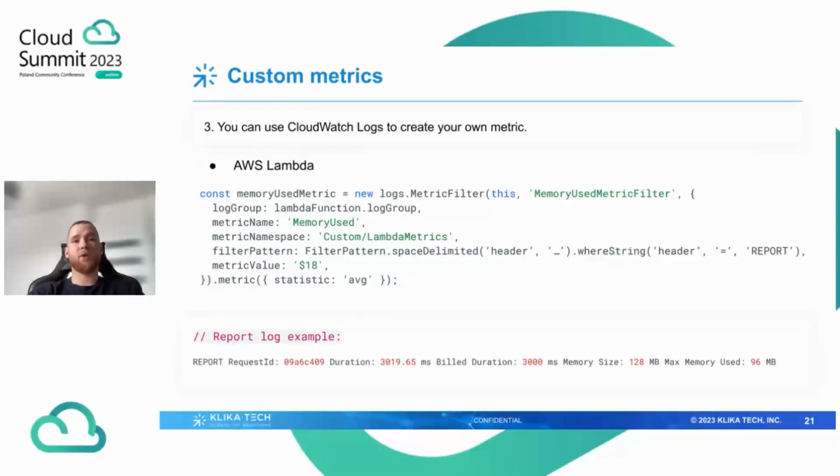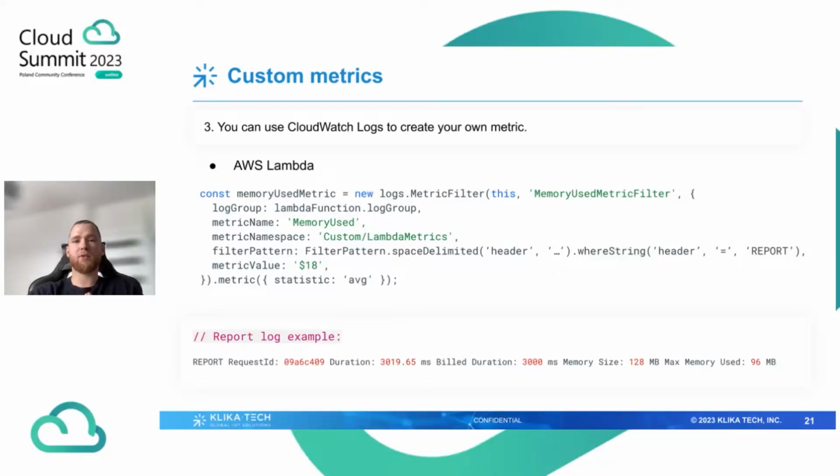And here is a more complex example demonstrating how to use the filter pattern method to extract the amount of memory used by an AWS Lambda function. Space delimited is a method of the filter pattern which divides the log event into fields separated by spaces. In our case, this method takes in two arguments, header and ellipsis character. Header is just a variable for the first field in our log that we have defined by spaces.